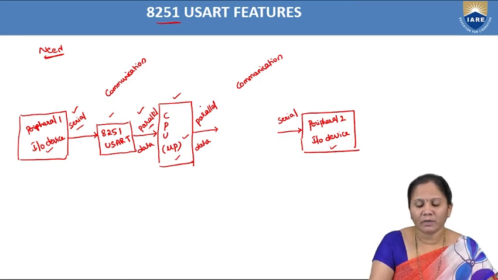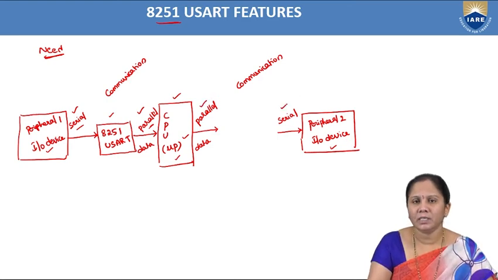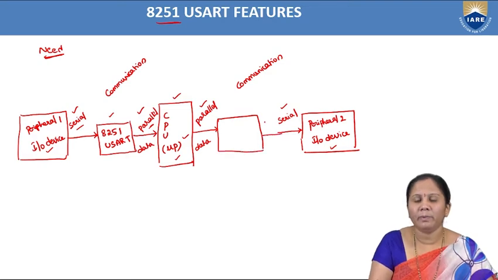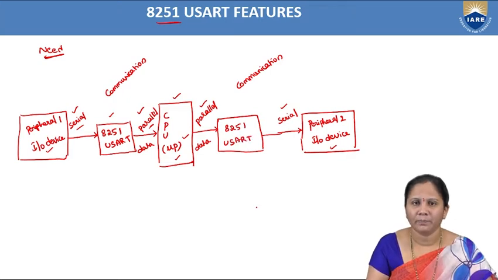And in order to have data transfer between this microprocessor and peripheral devices, it is necessary to convert this parallel data to serial data. That is why on this side also you should have one IC which performs the parallel to serial conversion. So that is the reason we should have one 8251 USART IC here also.